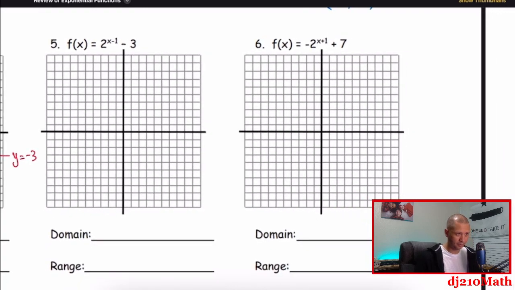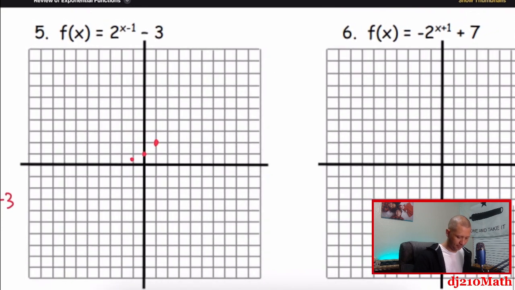All right, number 5. Critical points. It's always step 1. And now we move them. So this is going to go right 1, down 3. So the horizontal asymptote is going to be at -3.